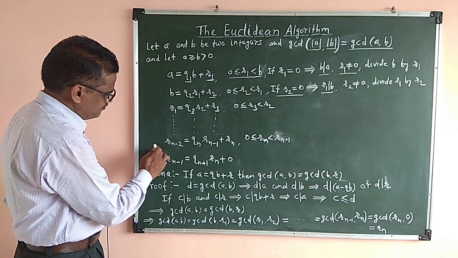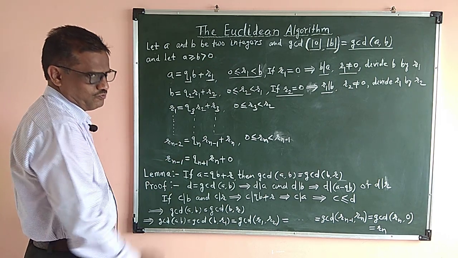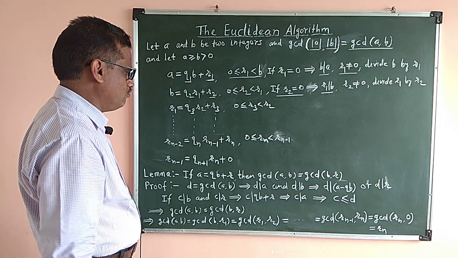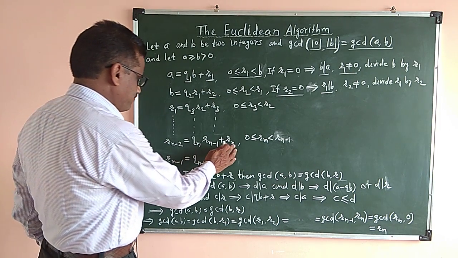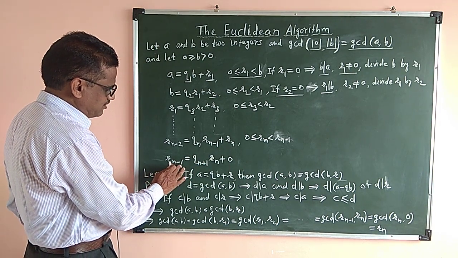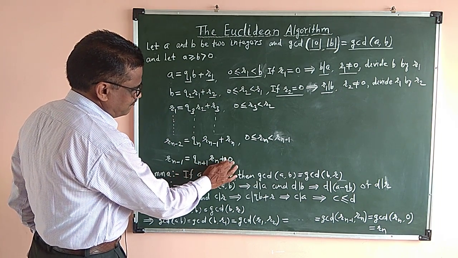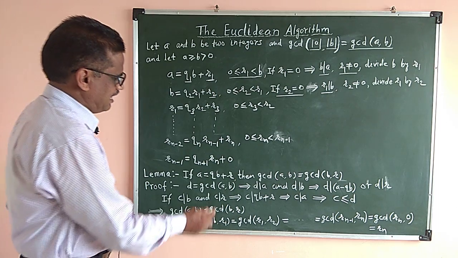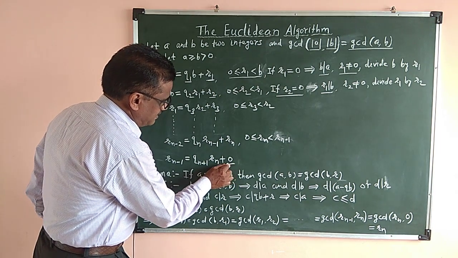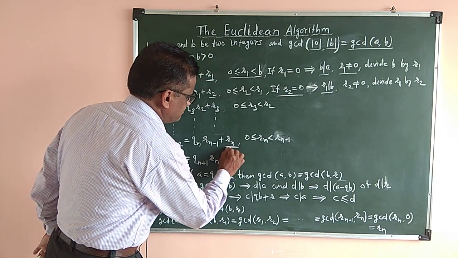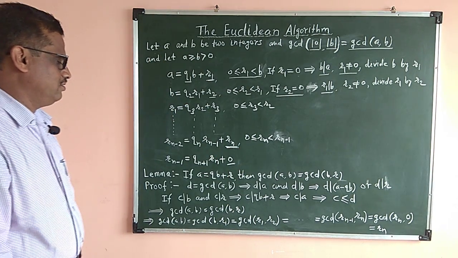Again, if Rn is not equal to 0, we get Rn minus 1 is equal to Qn plus 1 times Rn plus 0. And the last remainder is 0, and the last non-zero remainder is Rn.